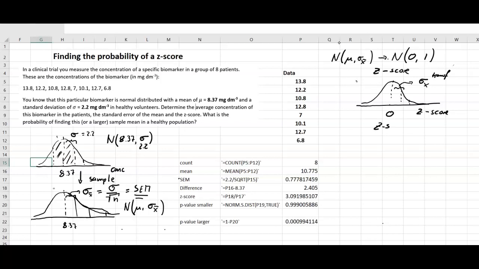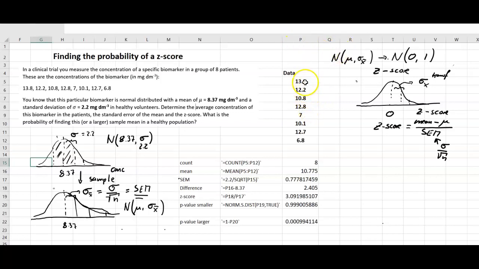So how do we calculate the z-score? The z-score we can just simply calculate by taking the difference between an observed mean minus the population mean, and we divide that by the standard error of the mean that we have got here, which would be the population standard deviation divided by the square root of n. Okay, let's get going.